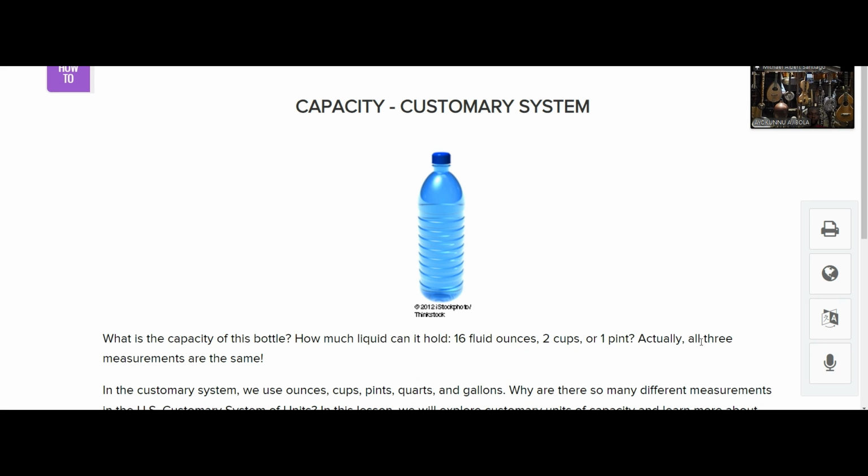Actually, all three measurements are the same. 16 fluid ounces is the same as 1 pint, and it's also the same as 2 cups. Is that clear? We're going to need that information later.